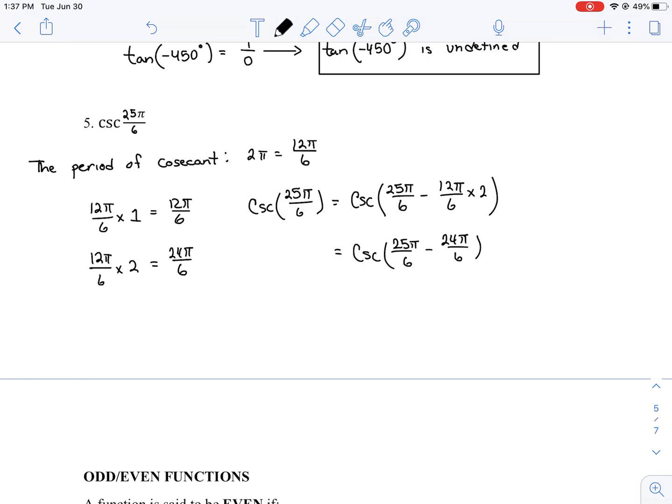So it looks like the cosecant of 25 pi sixths is actually equal to the cosecant of pi sixths.